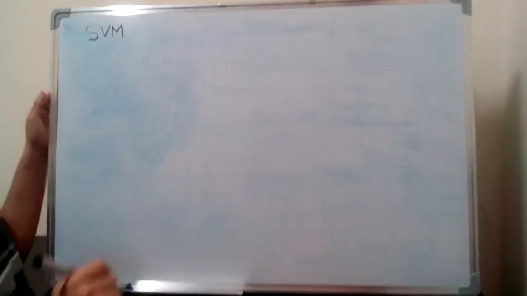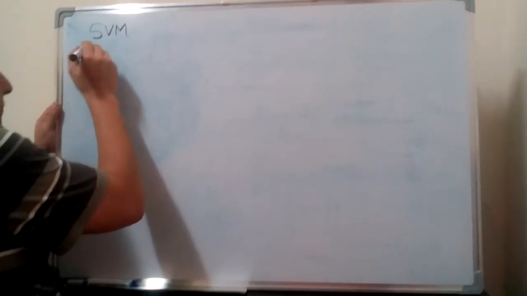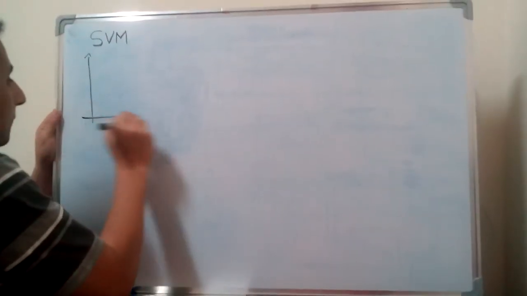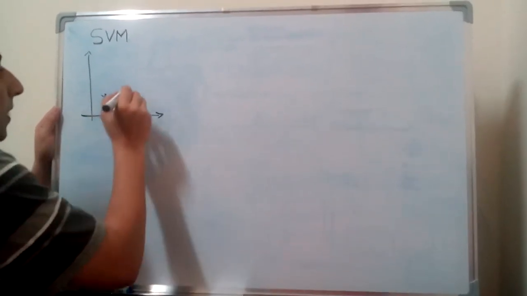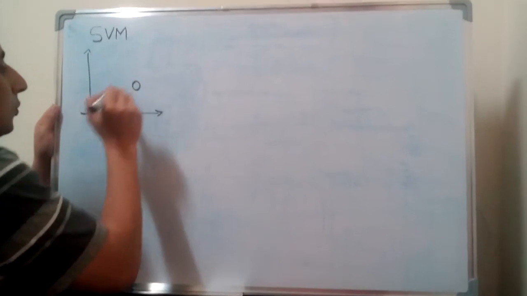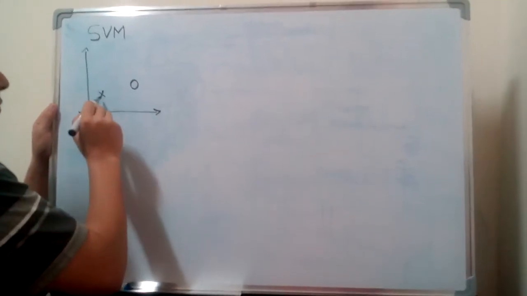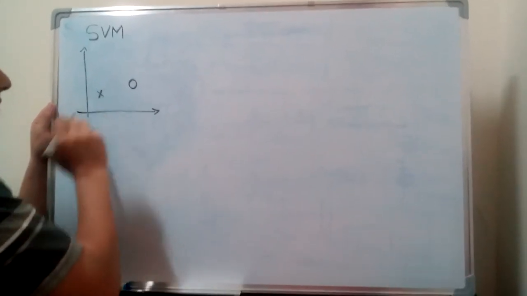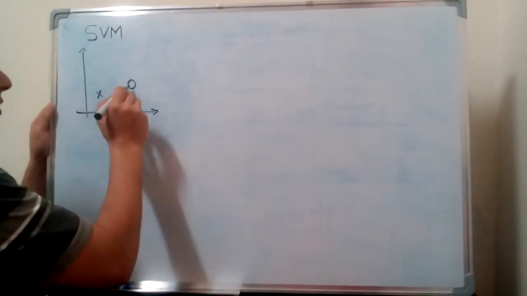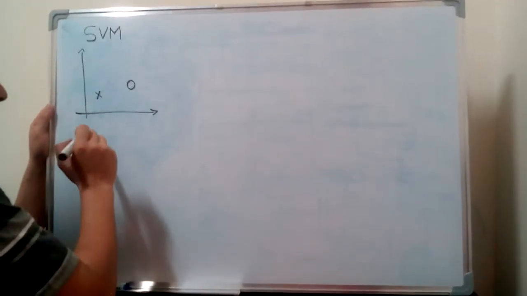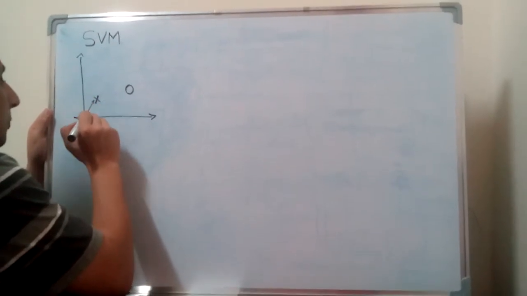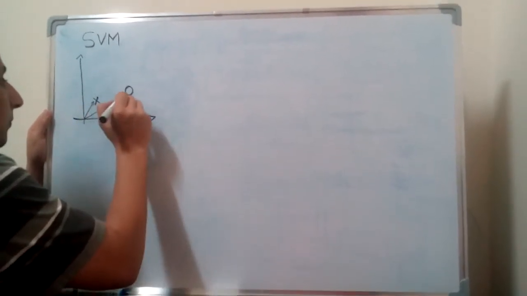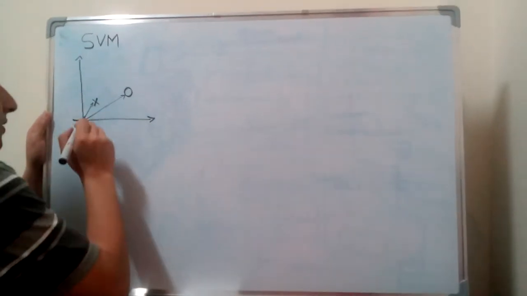So in the beginning we have two vectors. We've got the vector of sample 1 and the vector of sample 2. The first one belongs to the first class and the second one belongs to the second class. So if we extend the vector from the 0 point over to each sample, we get two vectors like this.